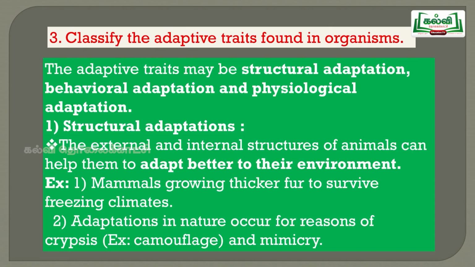And the second one is adaptation in nature for the reason of crypsis. Crypsis means camouflage. Another one is mimicry. What is camouflage? You would have seen chameleons. Wherever they land, they change their body color.